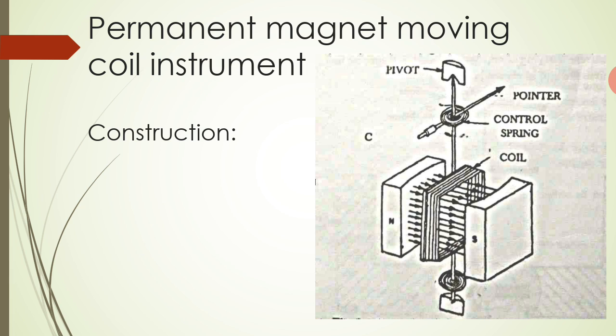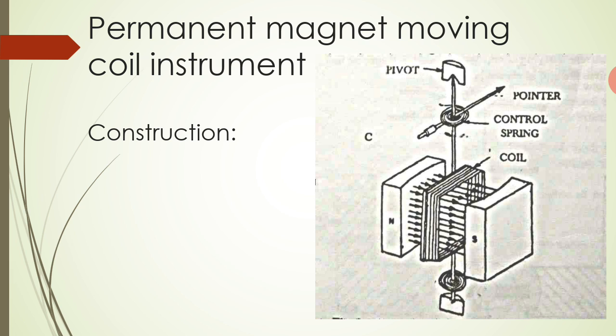Now next is the permanent magnet moving coil instrument. First of all, the construction of the permanent magnet moving coil instrument. In this case, the powerful U-shaped permanent magnet is made of alnico and has soft iron pole pieces which are bored out cylindrical.